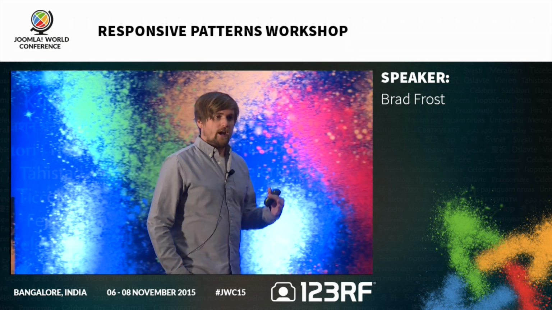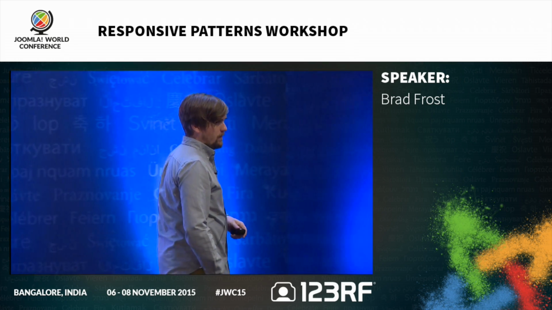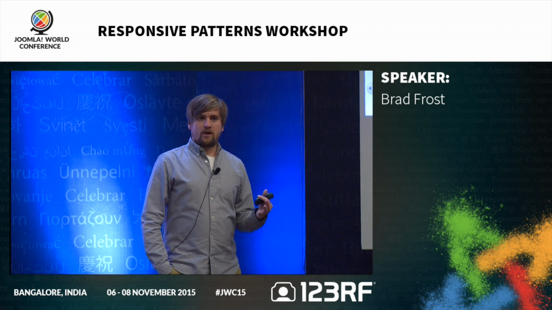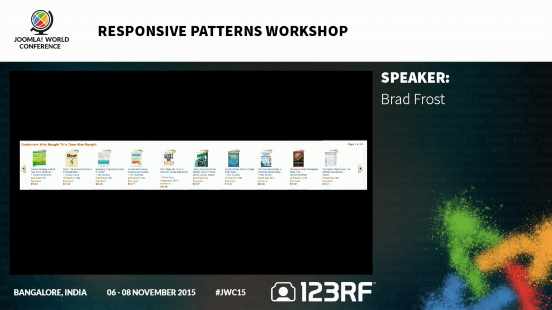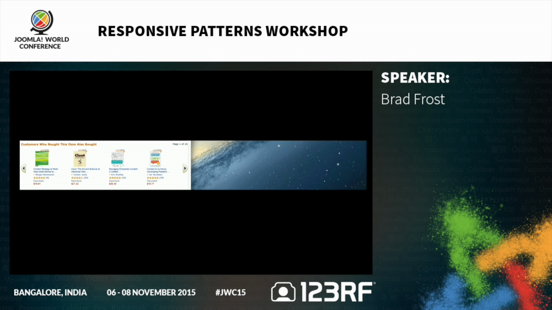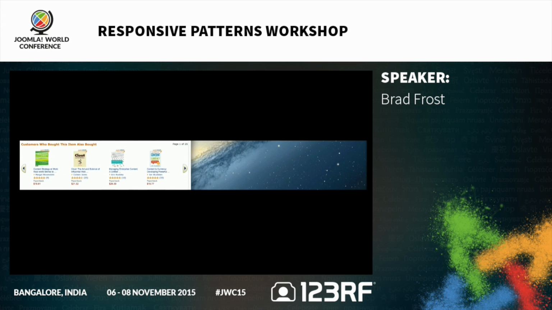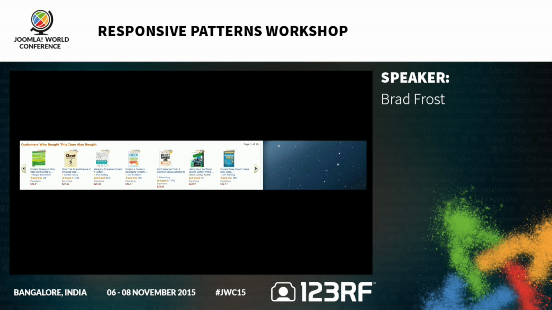There's also another kind of carousel that's not exactly like a homepage carousel, but this is what I call the reveal. If you look at Amazon.com, it's not a responsive site, but it's fluid, right? And what ends up happening is that as screen space becomes available, they expose more related products, right?